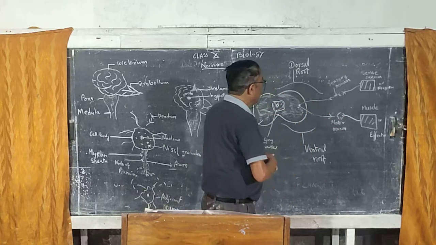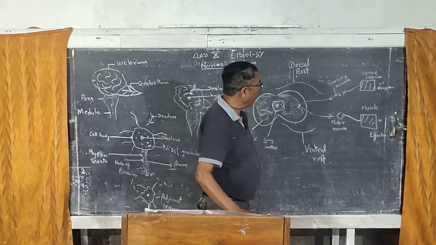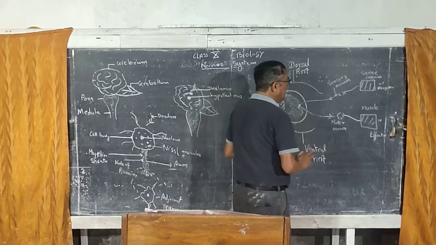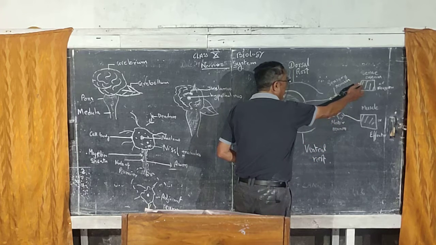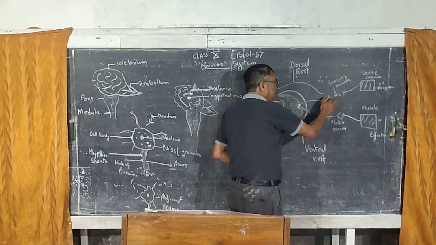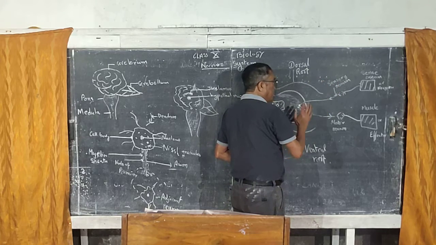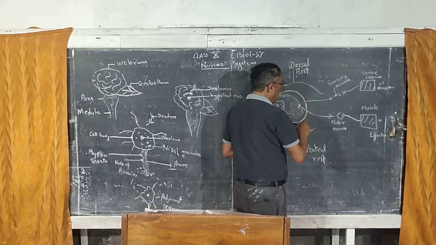Now, in a diagram, how to identify which one is a sensory neuron, which one is a motor neuron. If the arrow is coming from the sense organ to the central nervous system, that is a sensory neuron. Because sometimes they don't give the name, they show with the arrow.